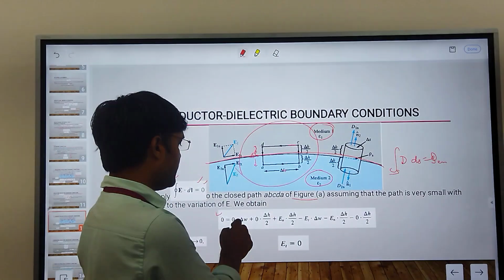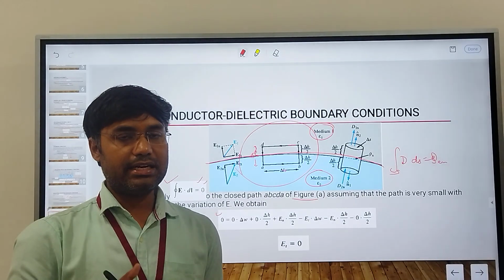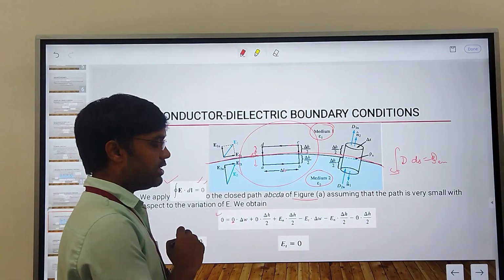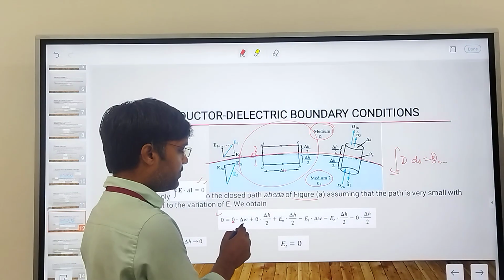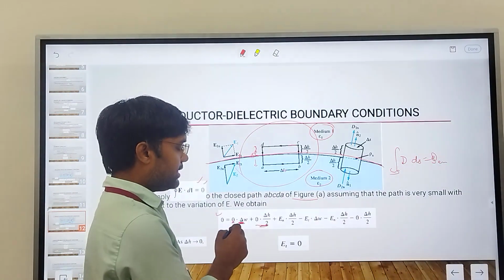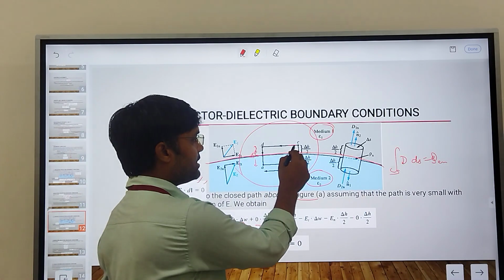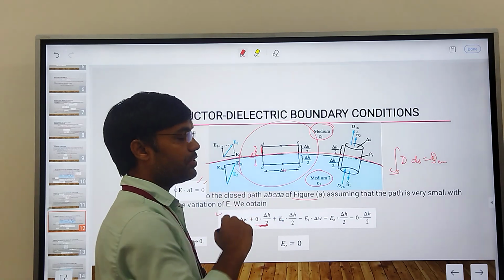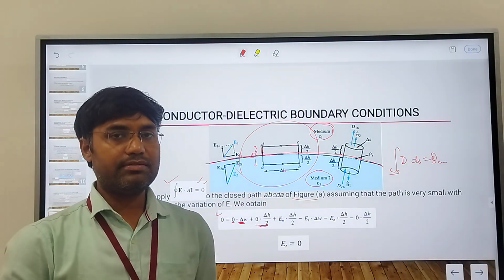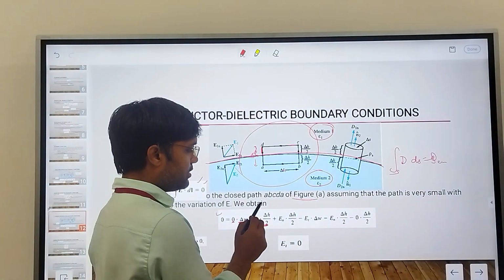In the first medium, in a perfect conductor, the electric field would be 0, so that's why we have taken E equal to 0 here, and the width of the line segment is delta W. Second, E dot dl is 0 into delta H by 2, which is this height. So this is delta H by 2, but in the case of a perfect conductor, the value of electric field intensity will be 0. So we have taken 0 here.